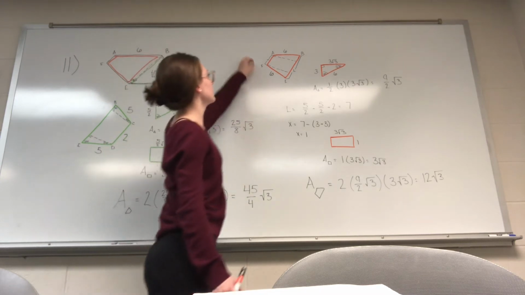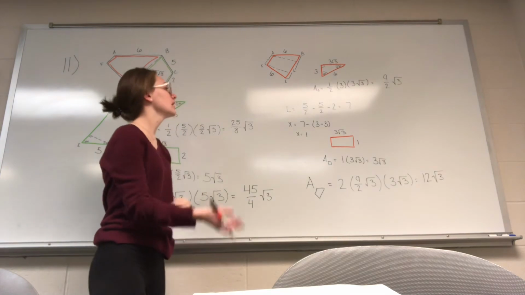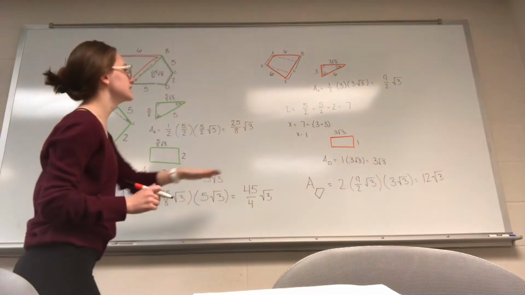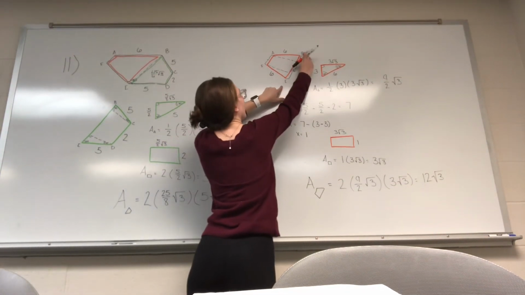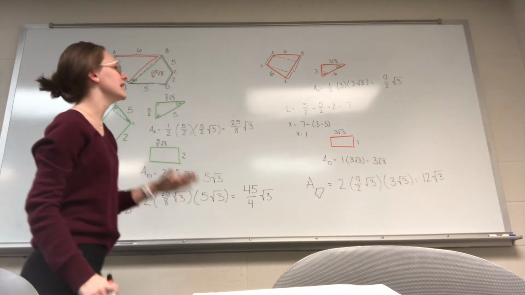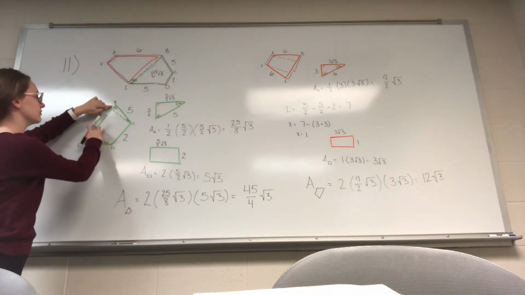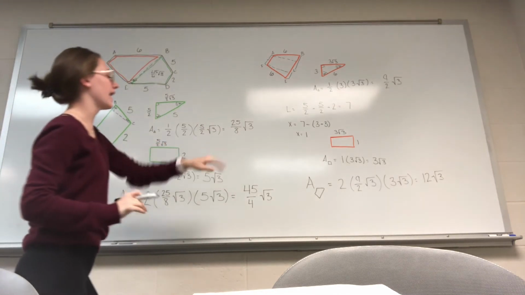Now we were not given a value for FA, so we need to find it. What you're going to do is find the length of BE, which is the line that we created. To do that, you're going to want to take the values that you found for this side and add them up.